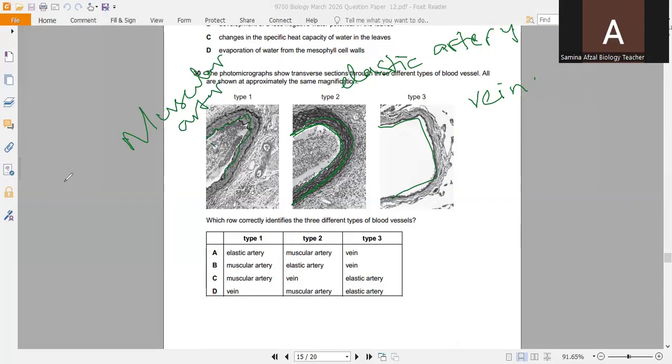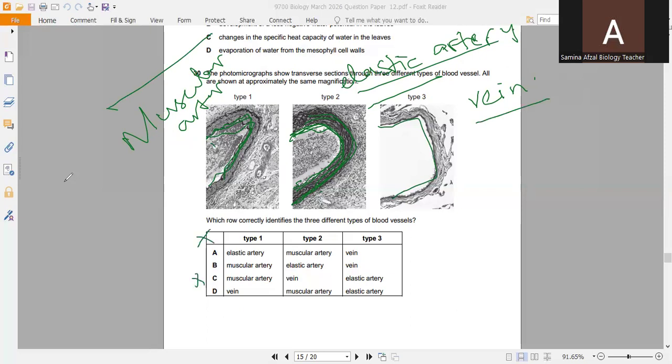They are smaller and highly muscular, with smooth muscles. So this is the elastic artery, this is the muscular artery, and this is the vein.